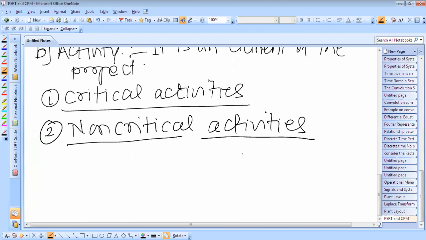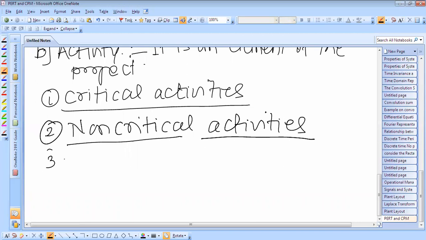We have the spare time to complete the activities. So non-critical activities have the provision of float and slack, so that even if they consume a specified time over and above the estimated time, the project would not be delayed. So activities B and D, which are shown in the above diagram, are the non-critical activities.